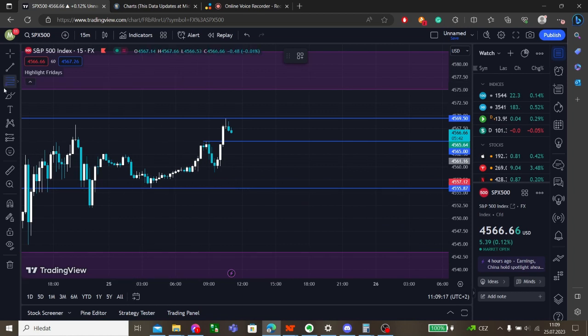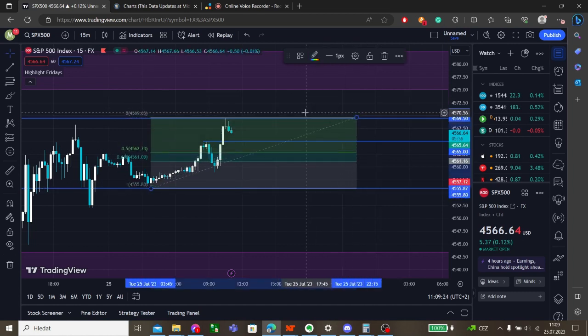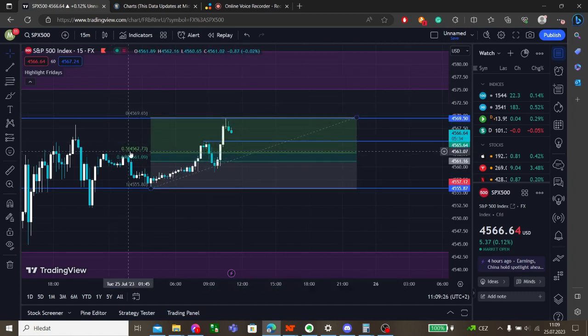But what I do with these overnight lows and overnight highs is that I draw a Fibonacci retracement tool with 0.5 and 0.618 levels, and after the open, if it doesn't break the high or low, I look for retracements to this level, and then for buys from here.